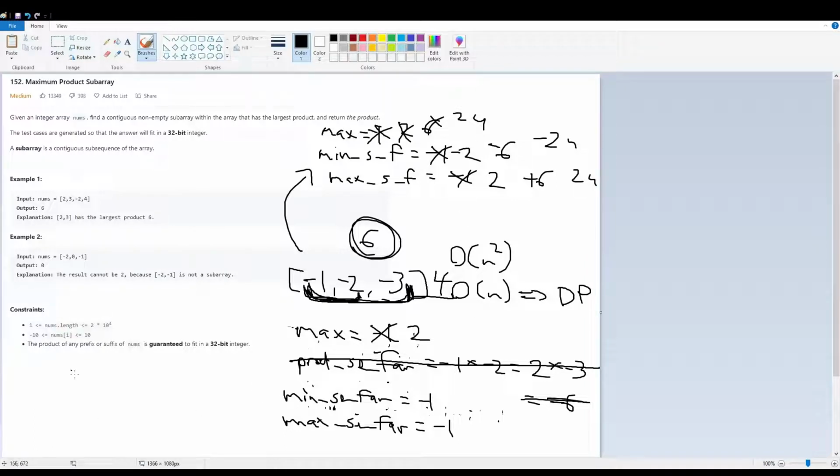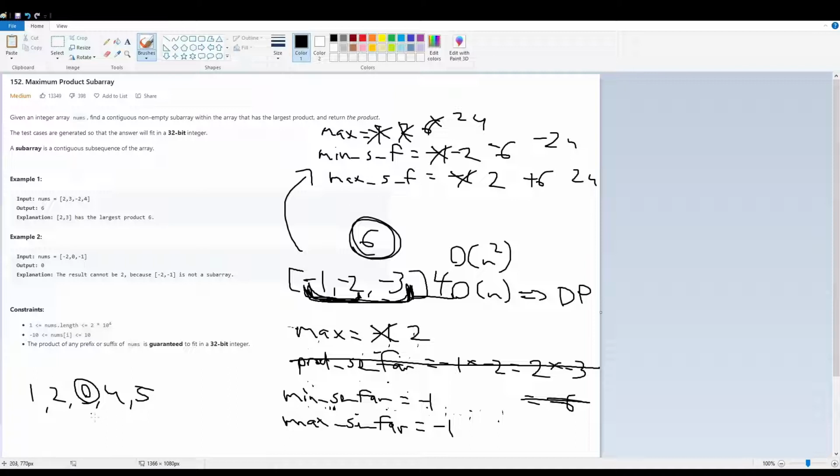There's one tricky case I want to bring up. So what if we had like minus 1, 2, 0, 4, 5. If we were to implement this min so far, max so far method, then with this 0 here, if we multiply it by min so far and max so far, they'd zero out.